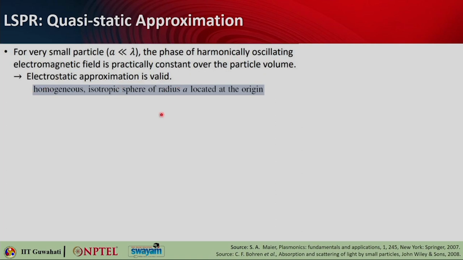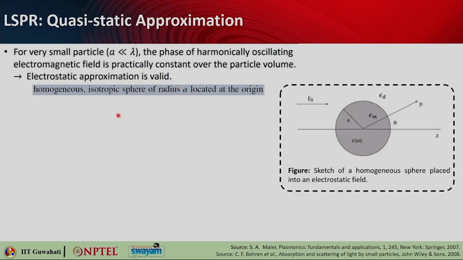Okay. So, you can think of this particular situation, that you have a homogeneous isotropic sphere of radius a that is located at the origin here. Okay. So, this is the permittivity of the metal, this is the permittivity of the surrounding dielectric, there is the incident electric field E naught, the radius is a, P is the particular point and this is the angle theta.